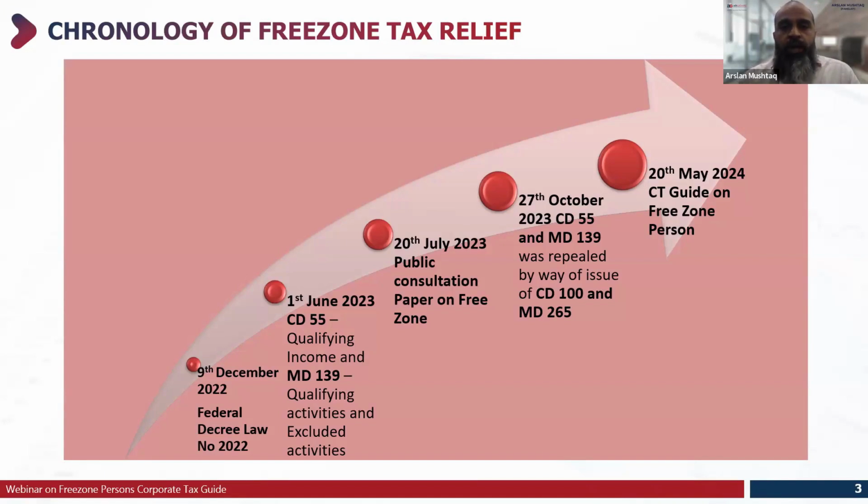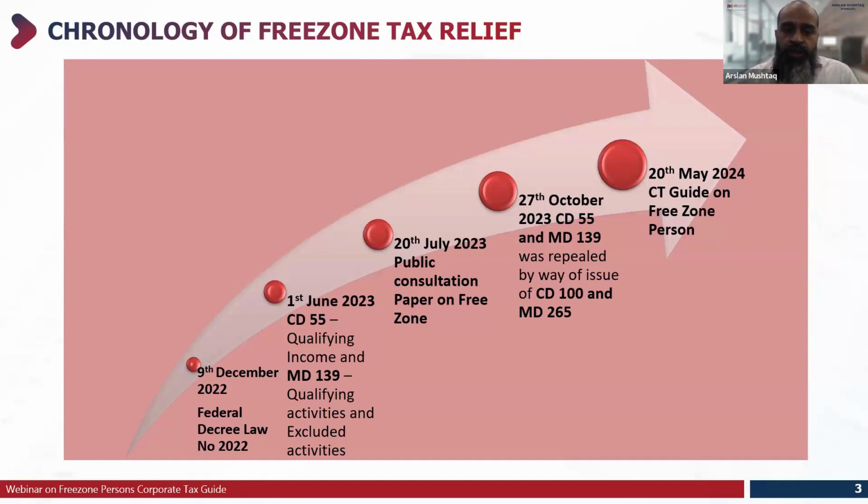Subsequent to that, it went into a public consultation document where a lot of people in the free zones gave feedback to FTA. Some of which you can see has then been taken into account, and hence the ministerial decisions have changed subsequently. And now there is a guide which has been issued by FTA.